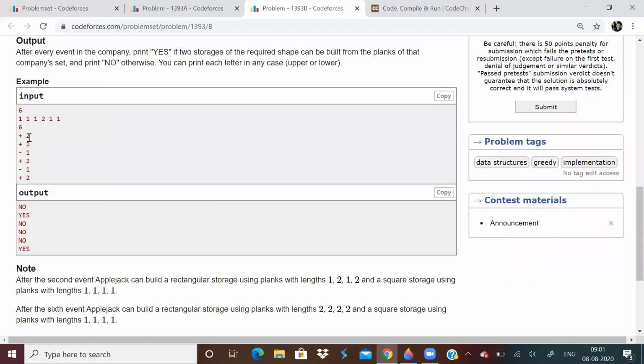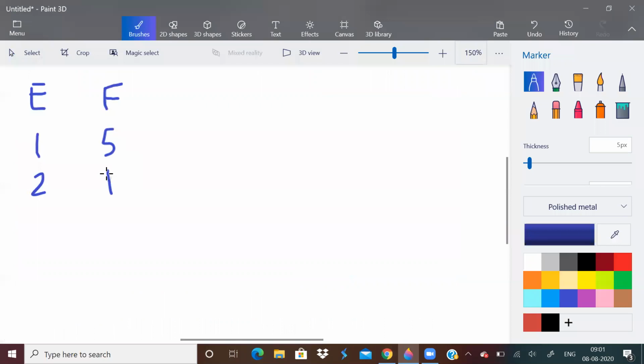After the first operation, we add a plank of length 2, so this frequency now becomes 2. Now we have 2 planks of length 2 and 5 planks of length 1. Can we make a square and a rectangle? We can make a rectangle maybe like this, 2, 1, 2, 1.